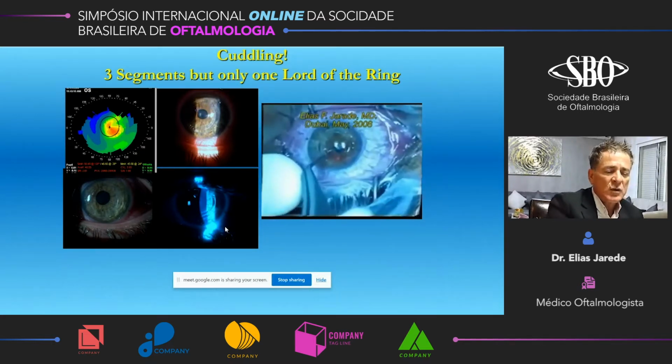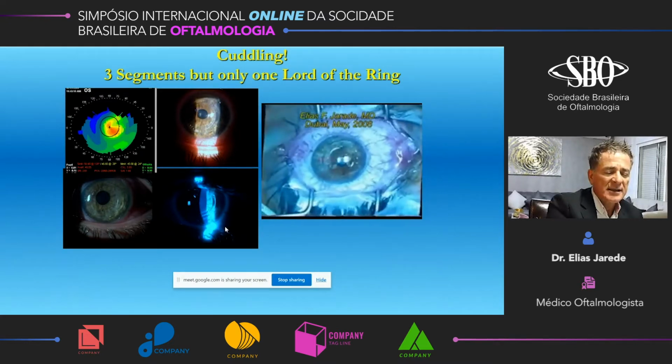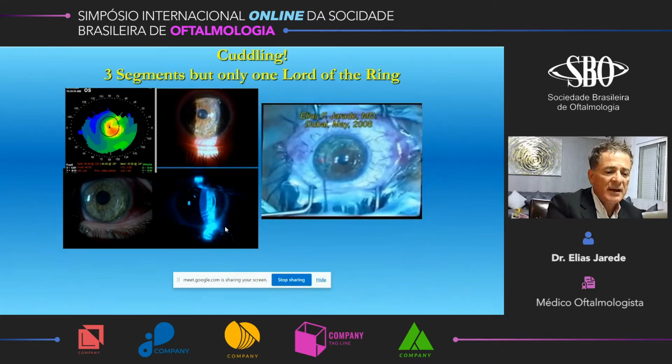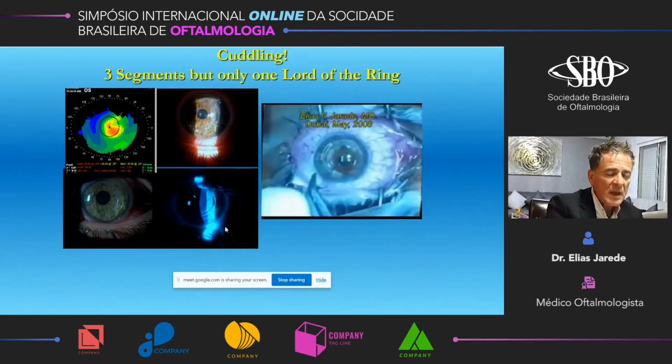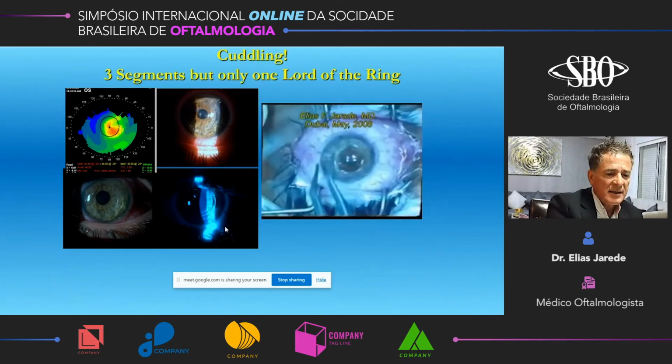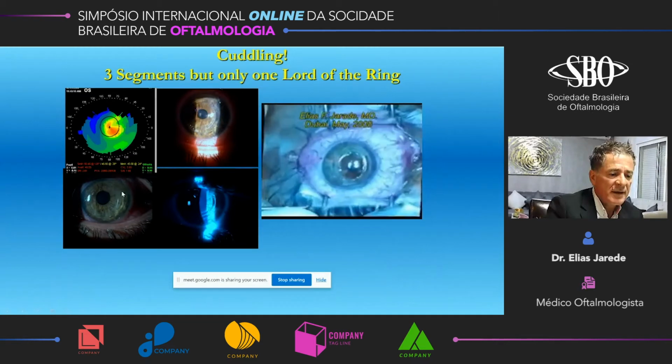The aim was to correct as much as we can the irregularities, and at the same time the spherical equivalent power of the eye. Here, after implanting the outer and inner, I implanted the superior one. Here it shows one, two, and three rings at the same time.